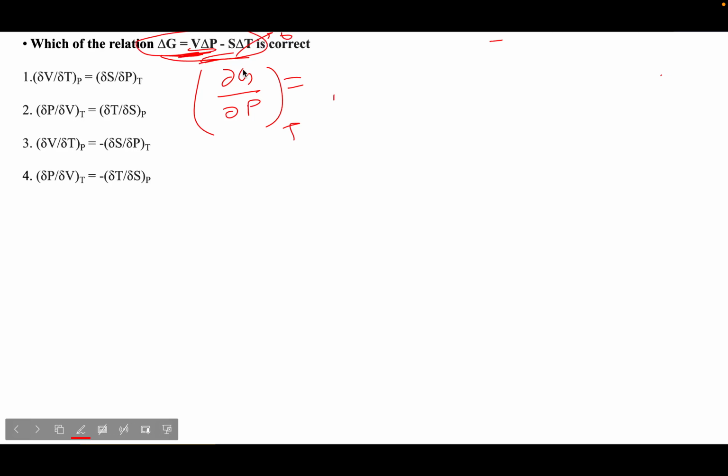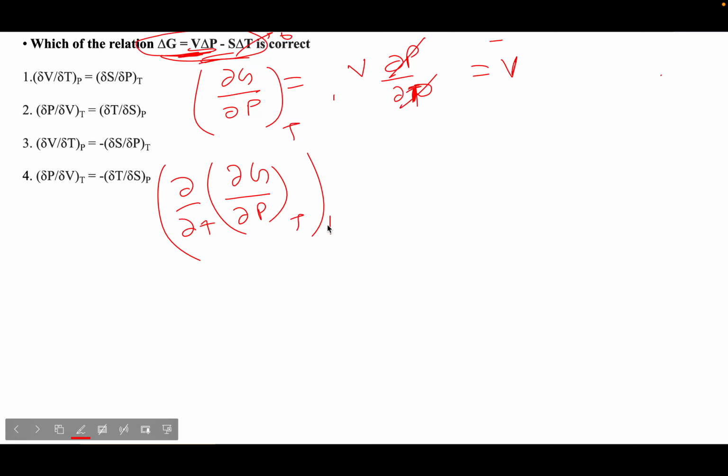So del G by del P at constant temperature will become V del P by del P. Sorry, del P by del P, so this will cancel out, and this is equal to V. Now if we differentiate del G by del P at constant T with respect to T at constant P, then it will give del V by del T at constant pressure P. So this is equation 1.